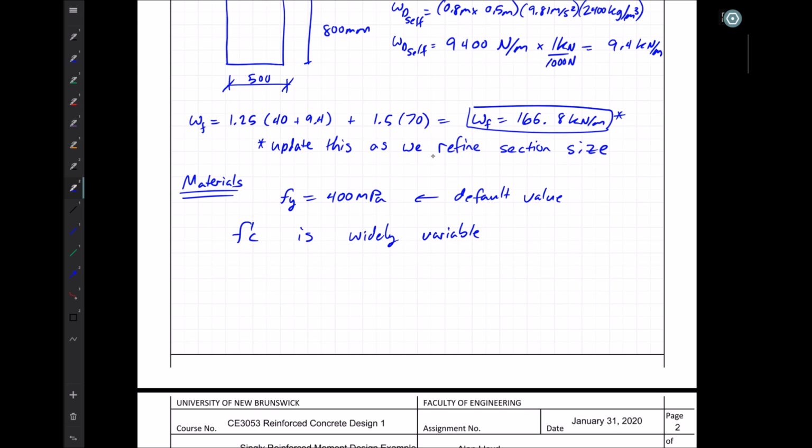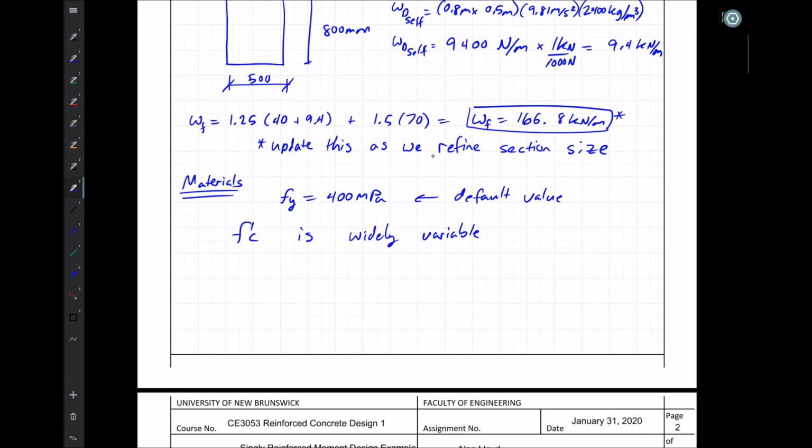If we want to go for a higher strength concrete for whatever reason, we might not be able to get that locally or get that reliably locally. If we want to go for a highly workable concrete mix, we're probably not going to be too high of a strength. And as we get to higher strengths, the cost generally goes up as well.